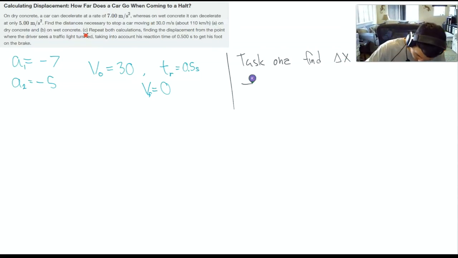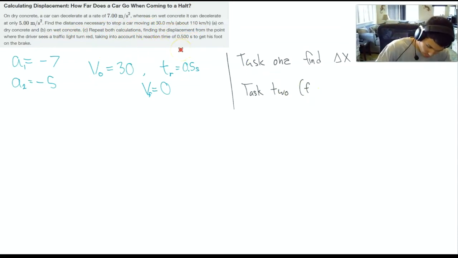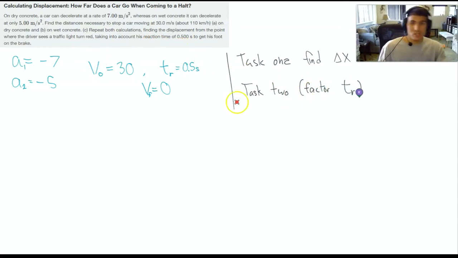And then task two, we want to repeat both calculations, and then we're going to factor in his reaction, tr, which stands for reaction time. So we actually have multiple little problems going on in this one problem.